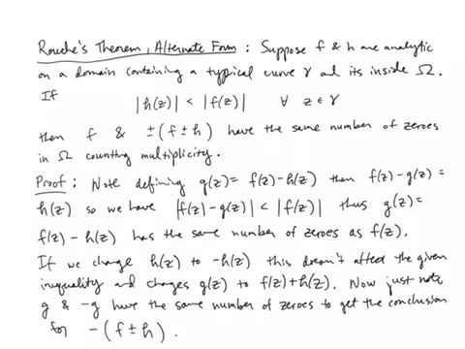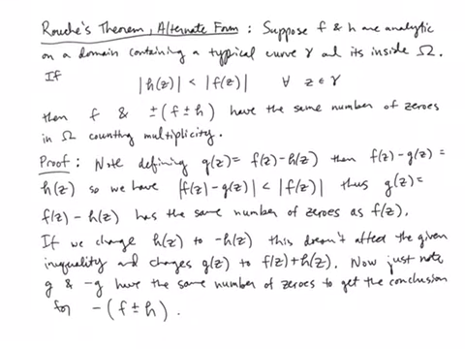So basically, if you have some function f, and on a curve it's bigger than some other function h, then you can add h or subtract h from f, or add or subtract f from h, and that resulting function has the same number of zeros as f inside the curve.